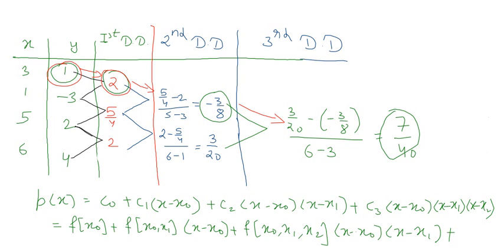C naught, C1, C2, C3 will all be given by this arrow, in the downward direction, starting from the y point below, that is 1, and you go in the downward direction, right.